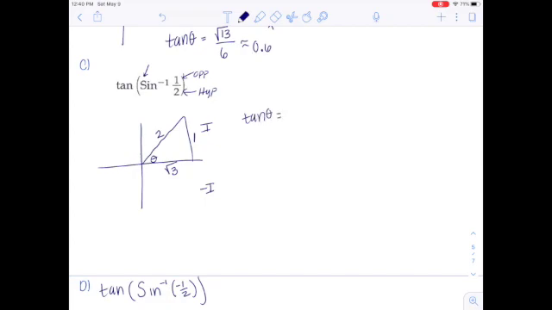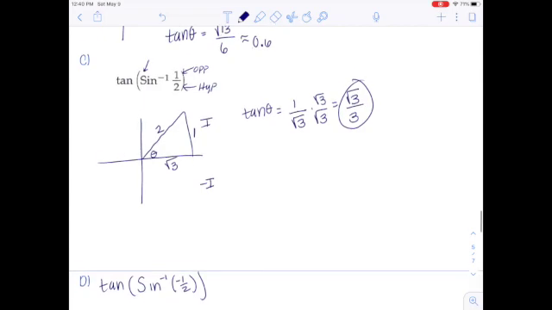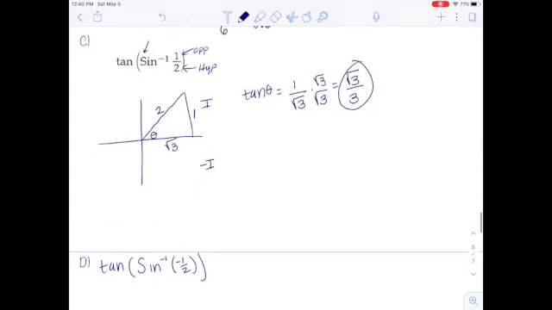So now, can we find tangent of theta? Yeah, your opposite side would be 1 over square root of 3, and rationalize. So square root of 3 over 3. Again, I didn't actually have to find theta.